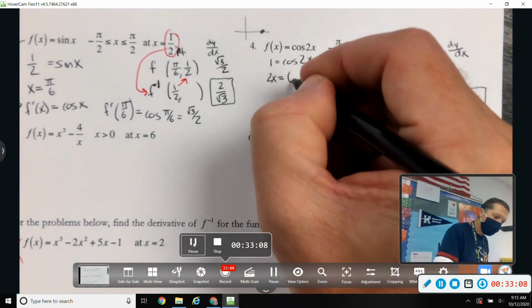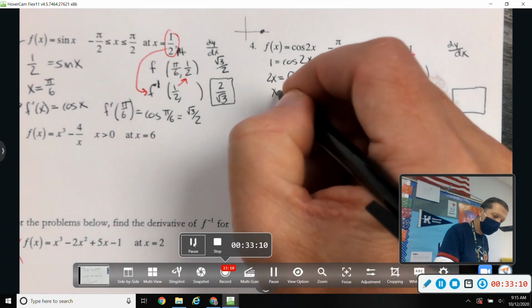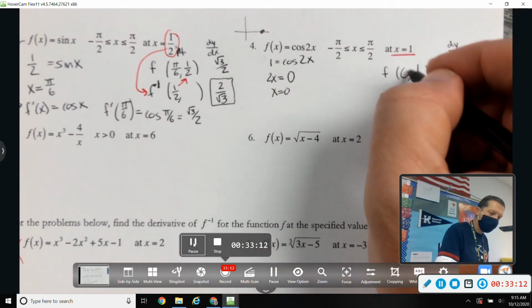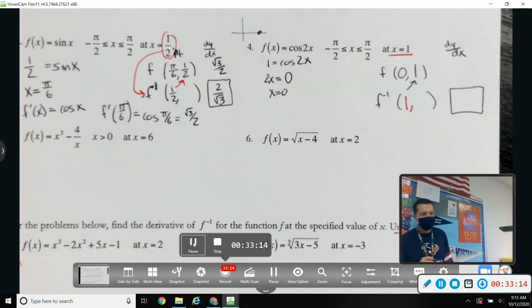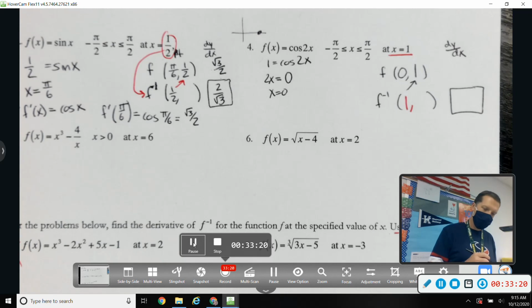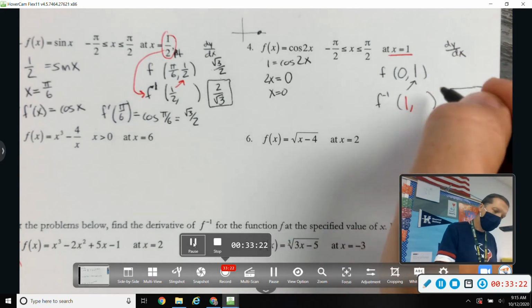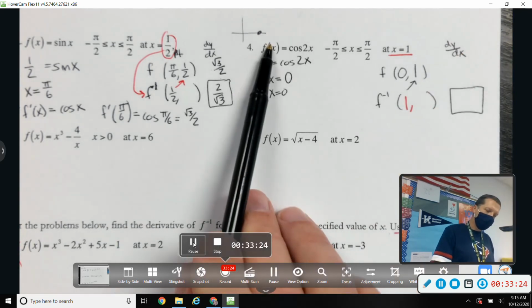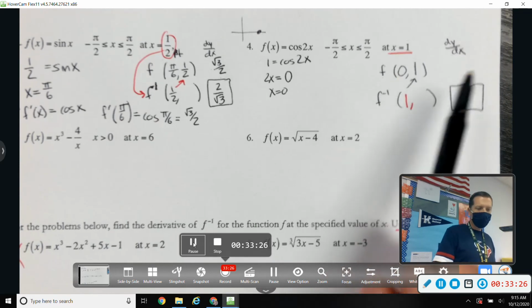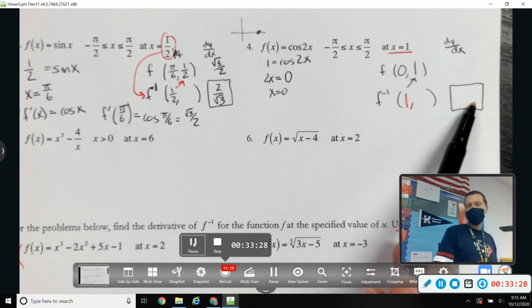So that means 2x has to be 0. So x equals 0. Okay, so that's not too bad. So now I need to find the derivative evaluated at 0. That'll give me this spot, and then I'll flip it over to get my answer.